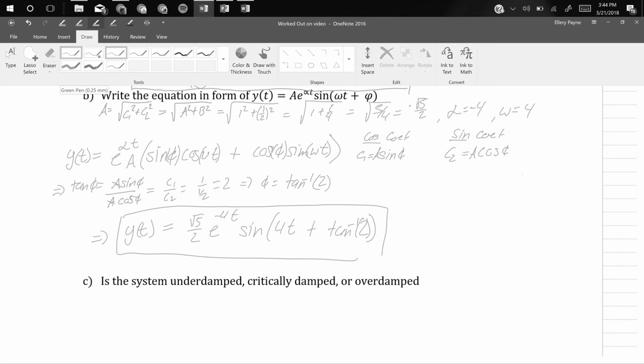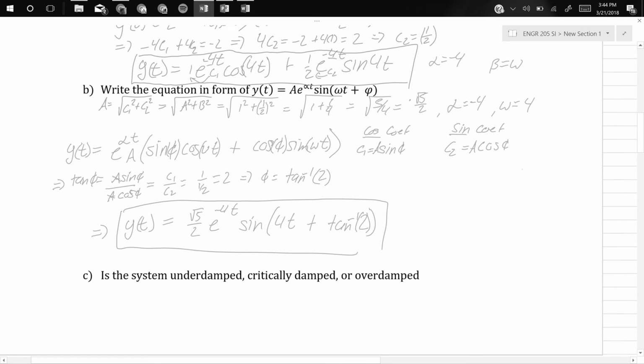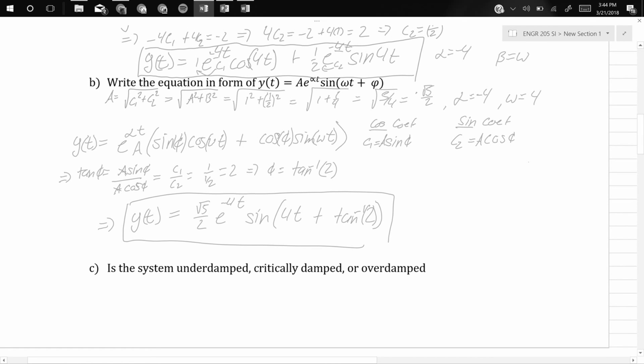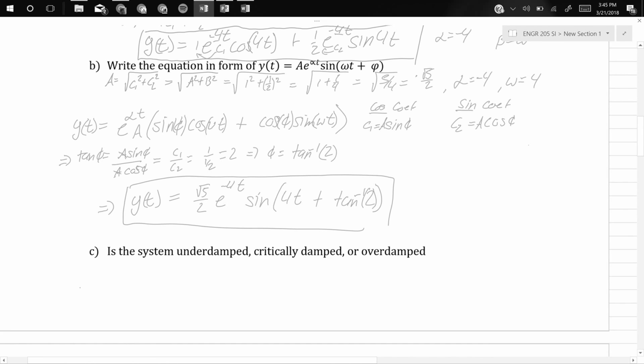All right, I'll do this last problem in purple. Now this asks, is the system underdamped, critically damped, or overdamped? So x equals negative b plus or minus the square root of b squared minus 4ac all over 2a.